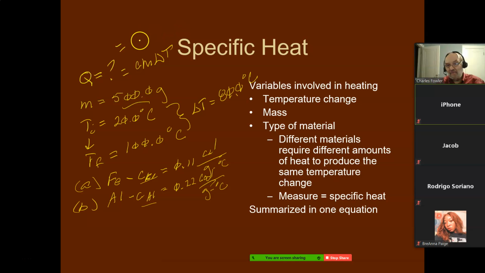Okay, so your C here, which should it ask for first? Iron. That would be 0.11 calories per gram degree Celsius. Multiply that by your mass, and the mass was 500 grams.